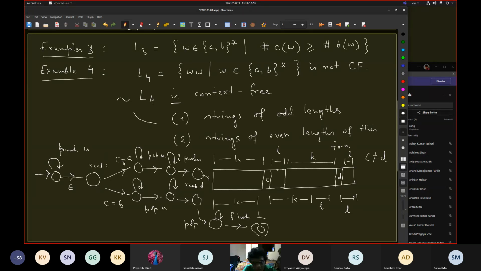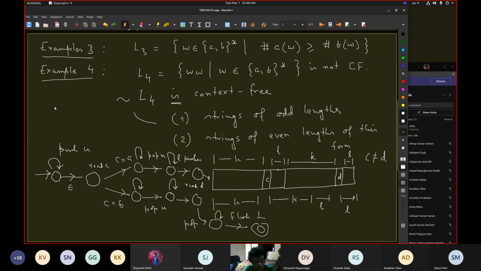So I am leaving the remaining details. Also, you see that there is another non-determinism here: whether the machine is going to read an odd length string or a string of even length of this form. This is another non-deterministic choice in the beginning. Initially, even without looking at any part of the string, it may assume that it is going to read an odd length string.